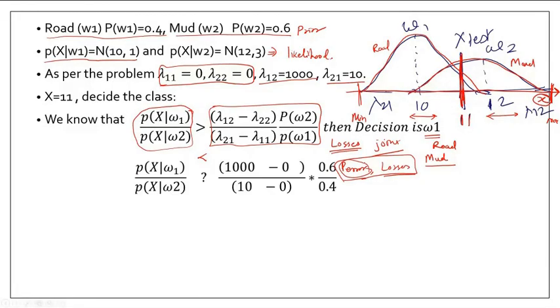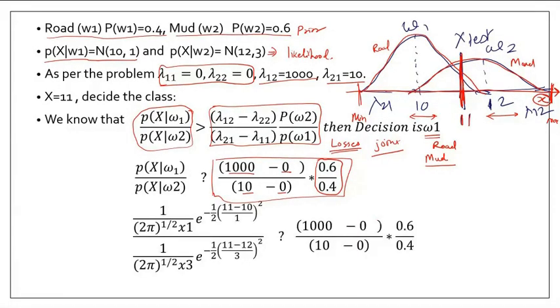Now let us see how we can proceed. I substitute the values of the losses that are given to us. I know that it is 1,000 for lambda 12 minus 0, then 10 for lambda 21 minus 0, and these are the priors already known to us. So this is the theta.